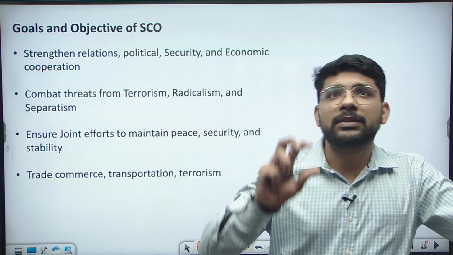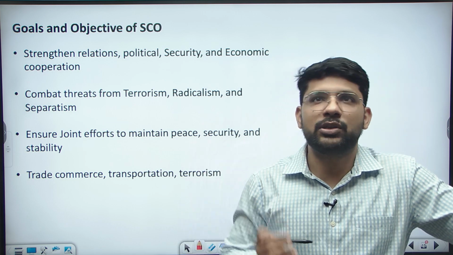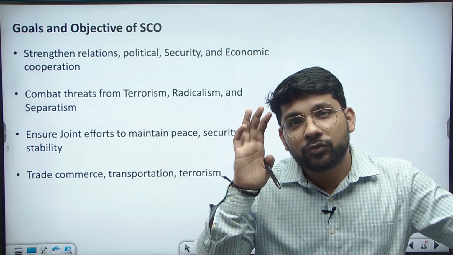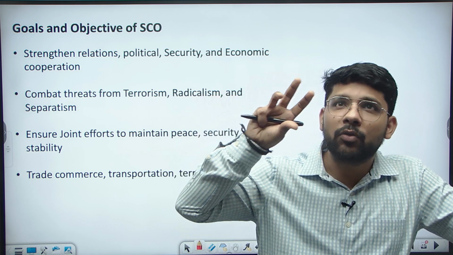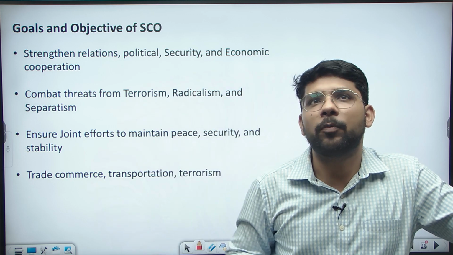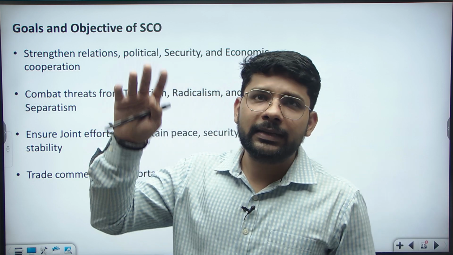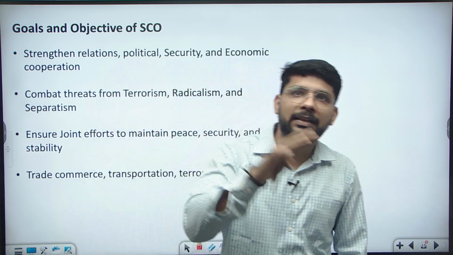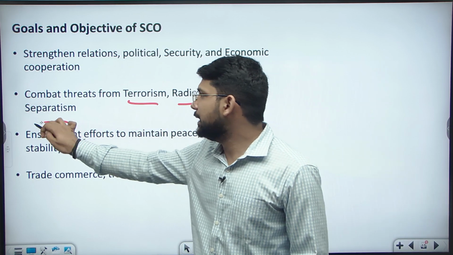So some of the organizational goals are strengthening relations between the countries. They are focusing on political areas, on security, on economic cooperation, and on combating the threats of terrorism, radicalism, and separatism. So these are some specific issues which the organization is focusing on.